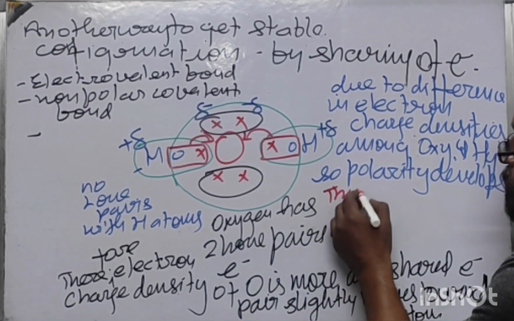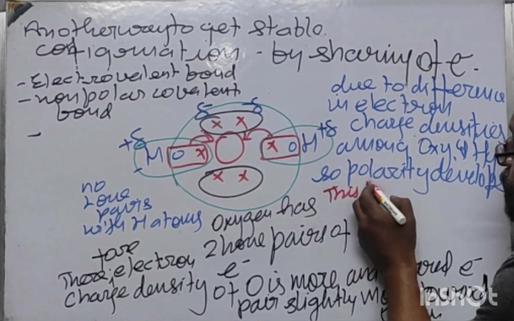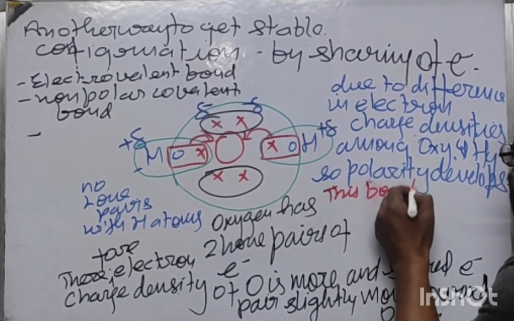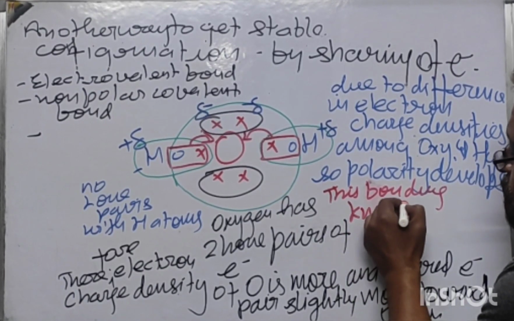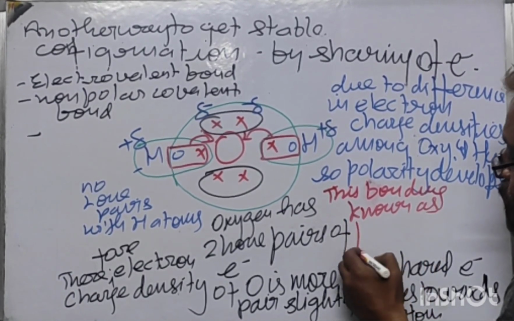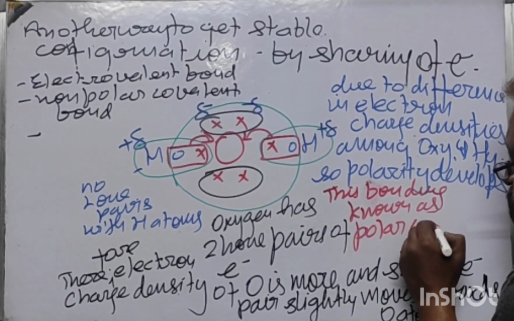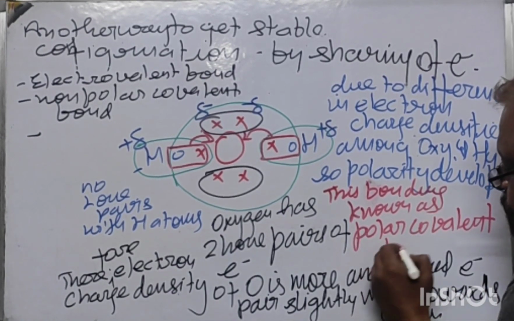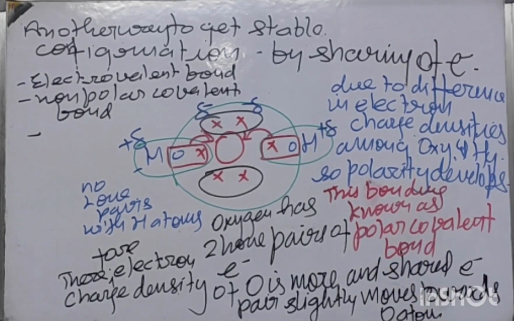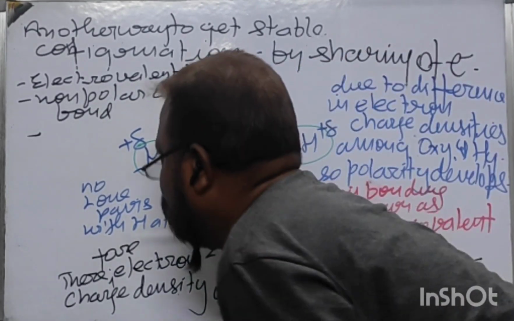This bonding is known as a polar covalent bond, right? So another type of bonding is there, that is polar covalent bonds.